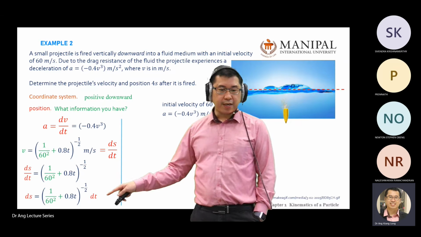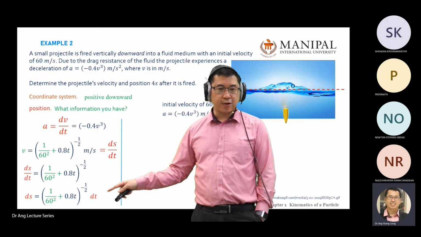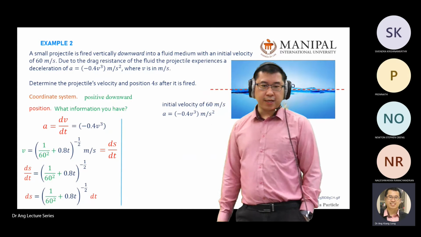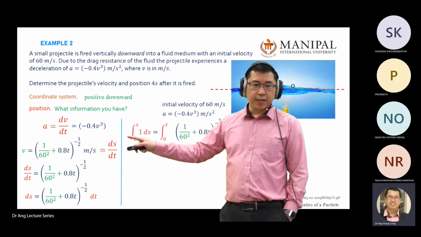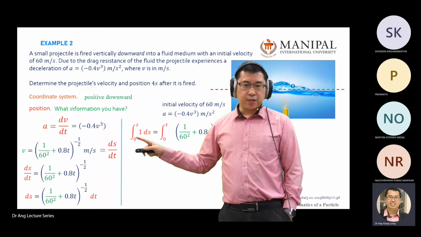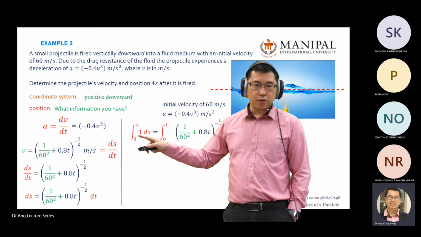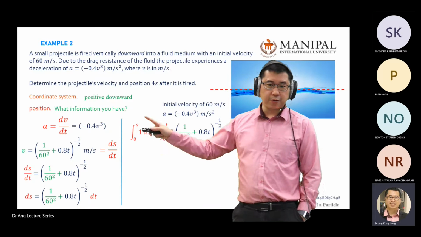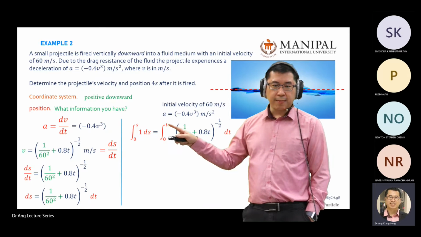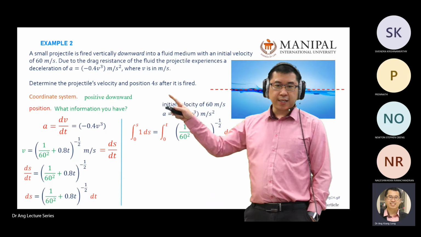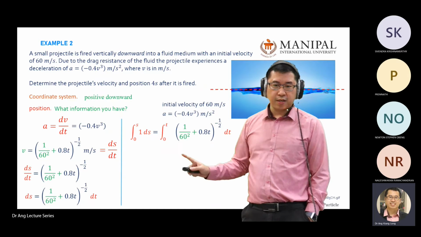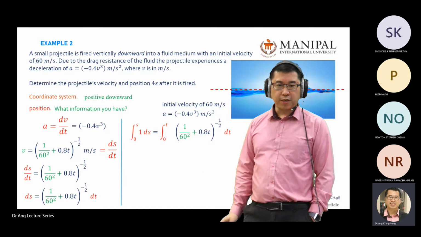And every time you see ds or dt or dx or dy, the next step you see in this class will be integration. You put the integration sign, left-hand side, because you deal with s from 0 to s, from initial to the final displacement or final position, equal to integration from initial to the time that we study. In this case, 4, but this is a general equation, so we just use t to represent the equation.